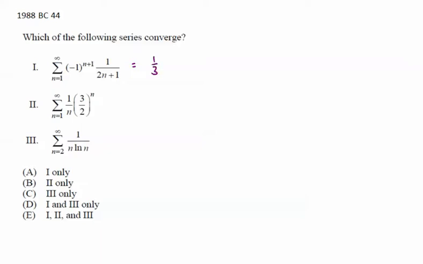Then the second term would be negative, -1/5, plus 1/7, etc. So you can see that the terms are decreasing in absolute value to 0, and it is strictly alternating. So it converges by the alternating series test.